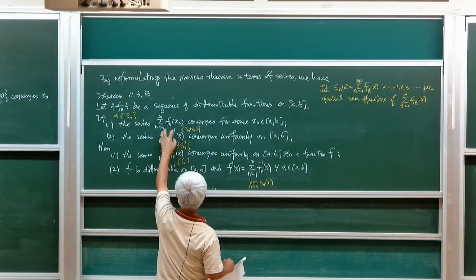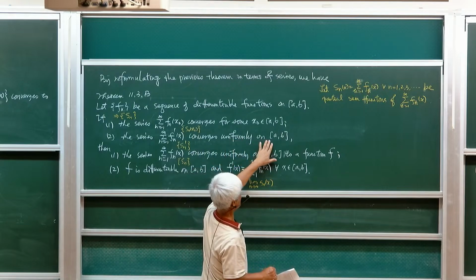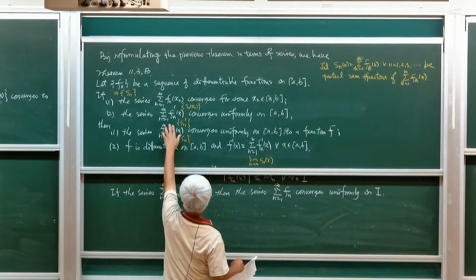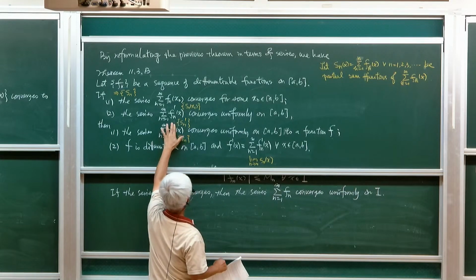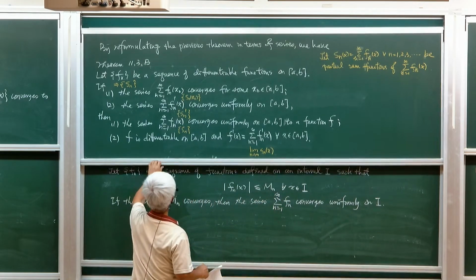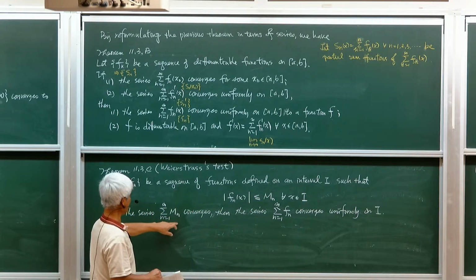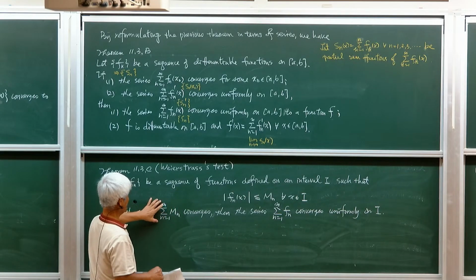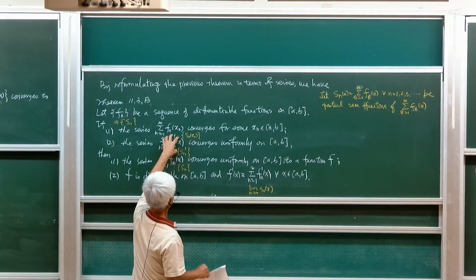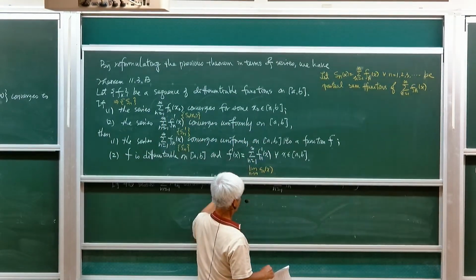If you want to know whether the series sum of the derivatives converges uniformly on AB, and you are able to find an upper bound for the derivative of f sub n for all x in the interval, and the numerical series sum of M sub n converges, then the series of derivative functions converges uniformly on the interval.